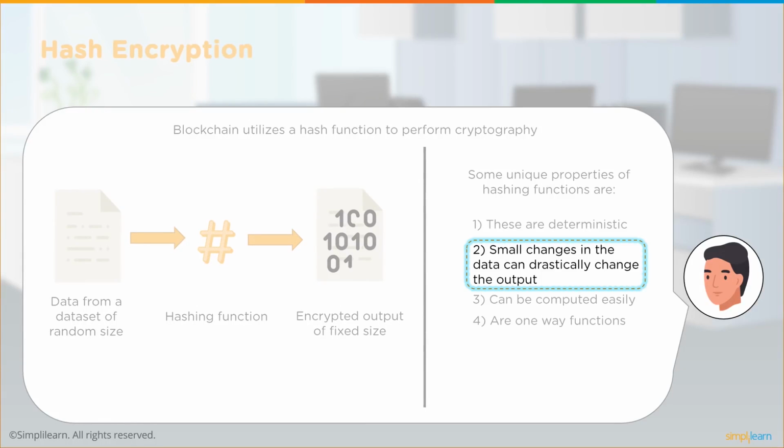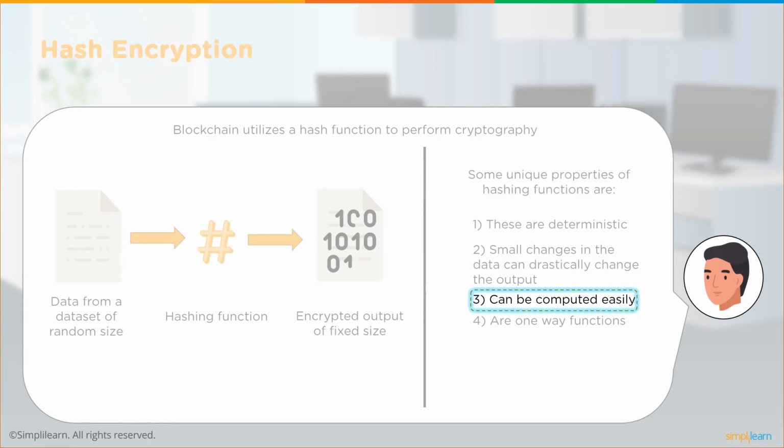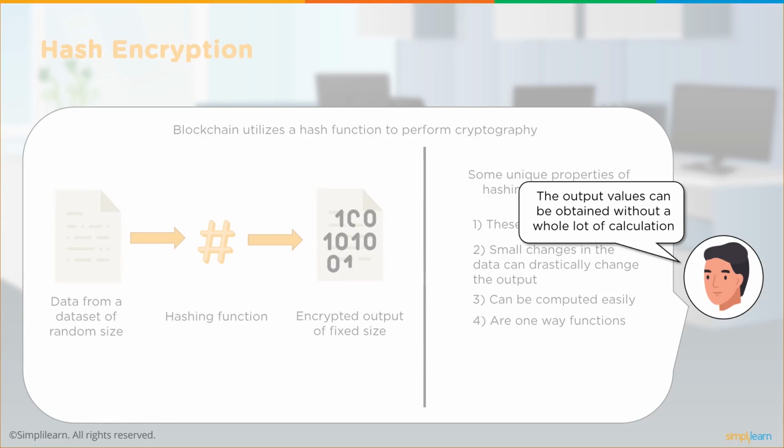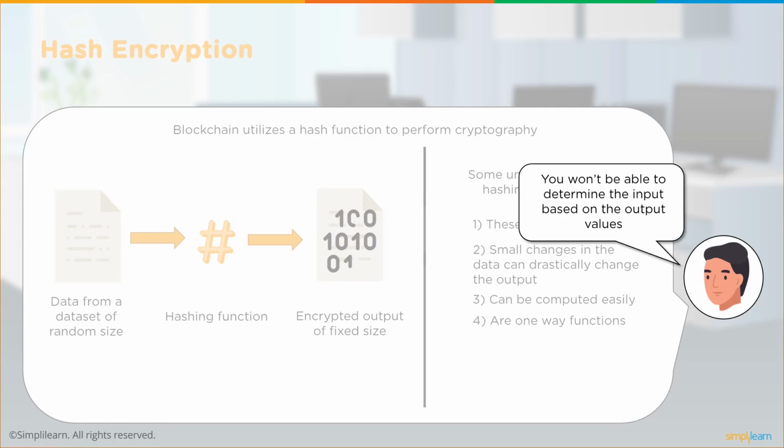Small changes in the data can drastically change the output. So basically, any small change to the input produces an output that's drastically different from its previous outputs. It can be computed easily. The output values can be obtained without a whole lot of calculation, and hashing functions are one-way functions. Basically, you won't be able to determine the input based on the output value. So you can't do the reverse calculation.